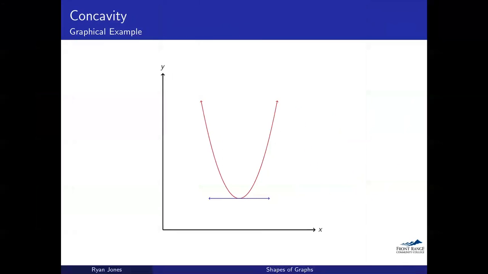And let's actually look at an example of that. So here's a great example where I've got my point there in orange and I've got a tangent line in blue and the function in red. And in this case, that red function is above, it's higher than, it has greater y values than that blue tangent line. It's above that blue tangent line, so that means concave up.